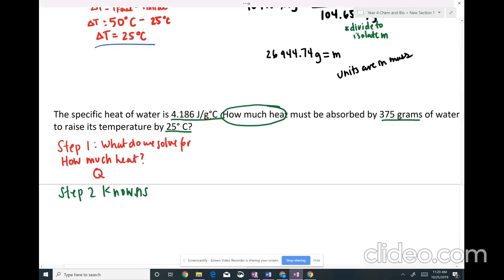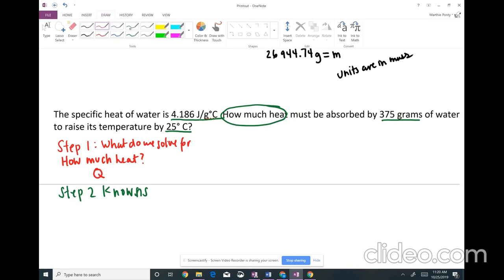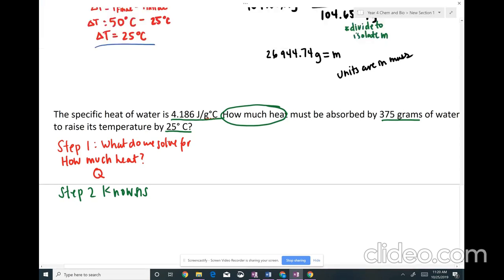All right, so now we go with our knowns. What are the things that we know based off of our problem?